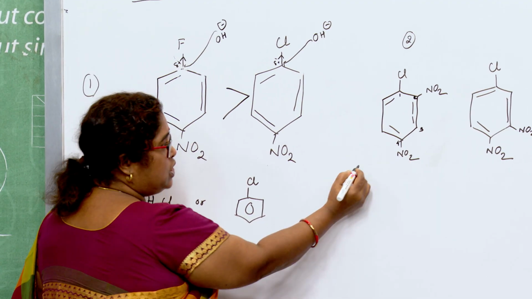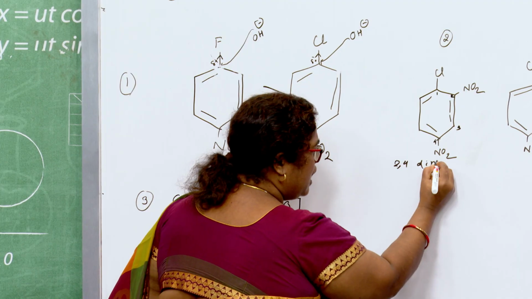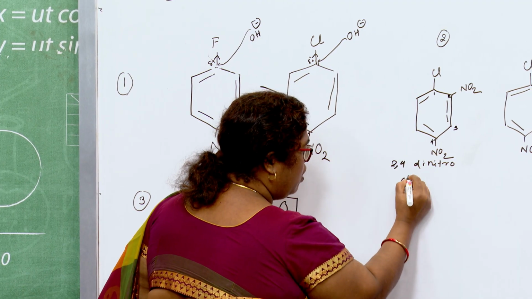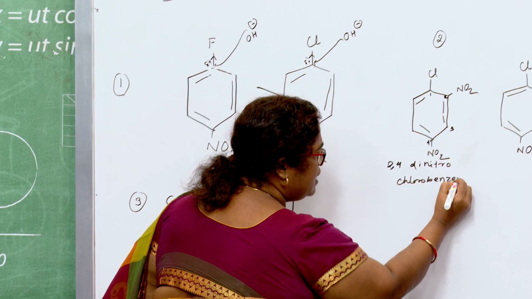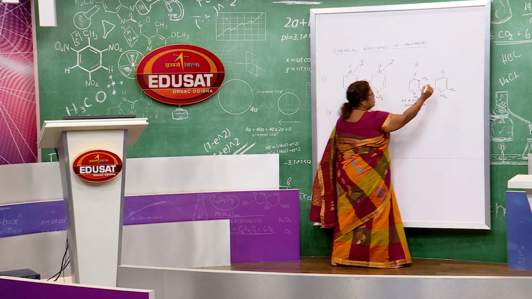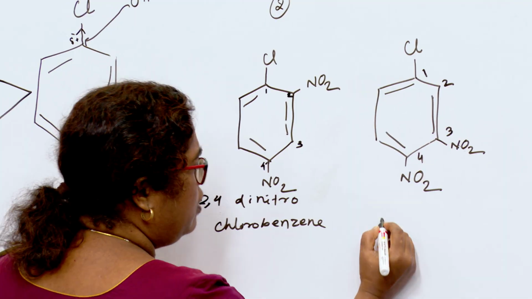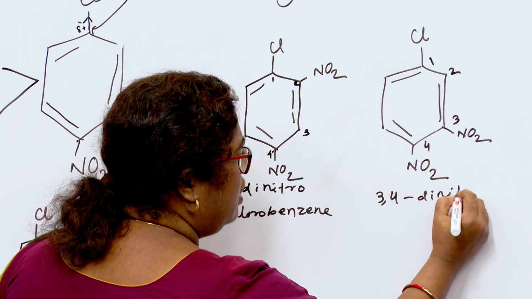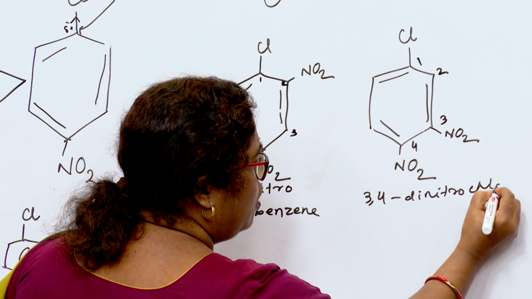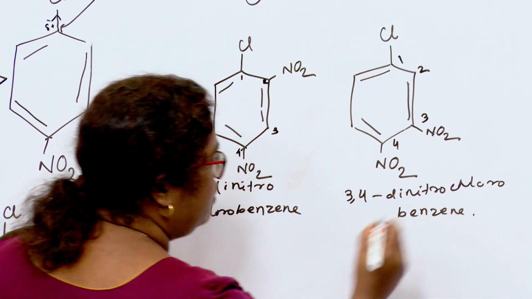So, what is the structure? This is 2,4-dinitrochlorobenzene. And what is this structure? 1, 2, 3, 4. So, it is 3,4-dinitrochlorobenzene.